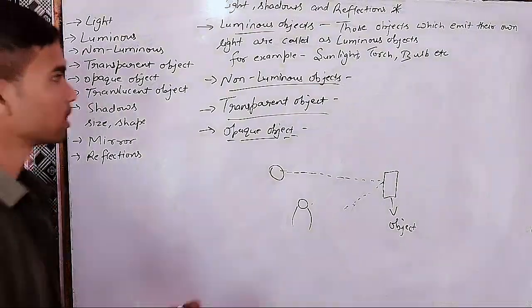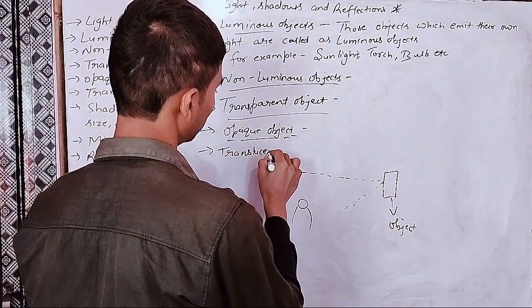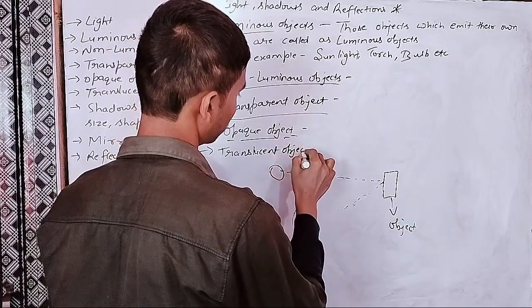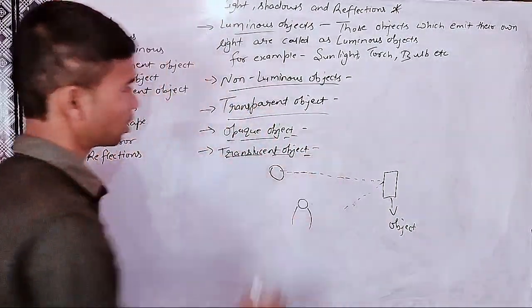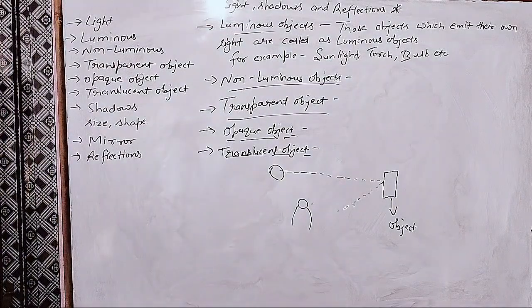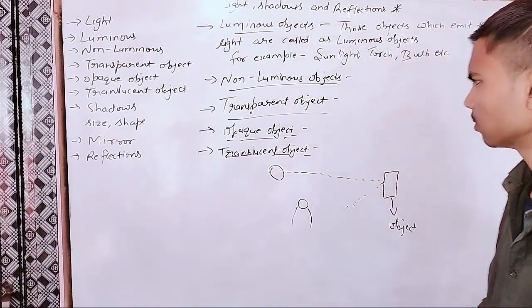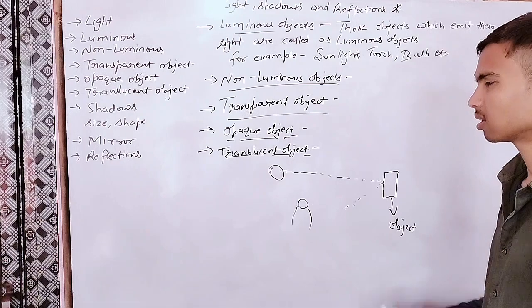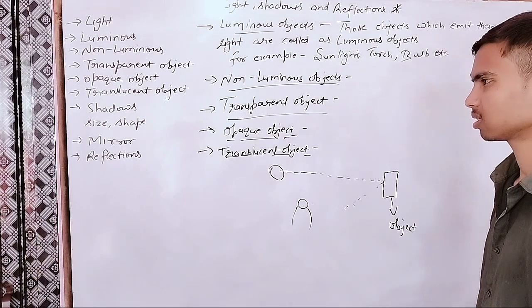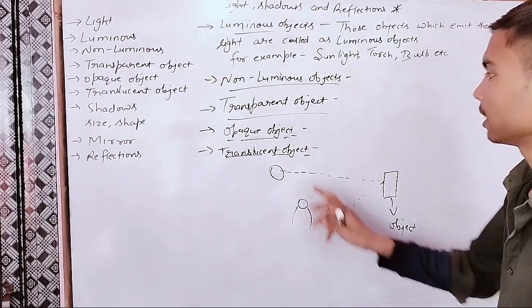Next is translucent object. Clear? Now you would think: we understood transparent object, opaque object, now translucent object. What would this say?